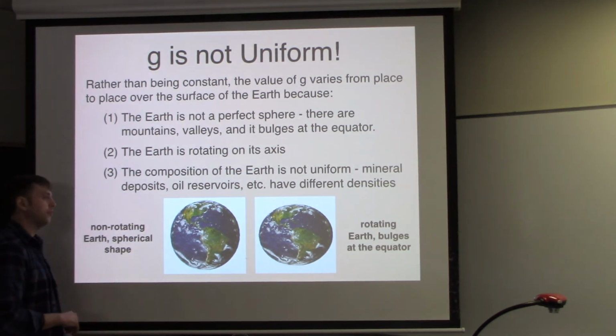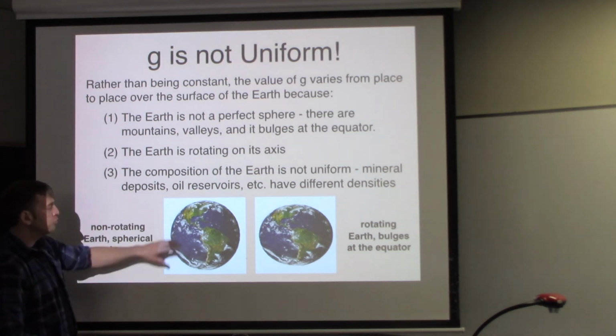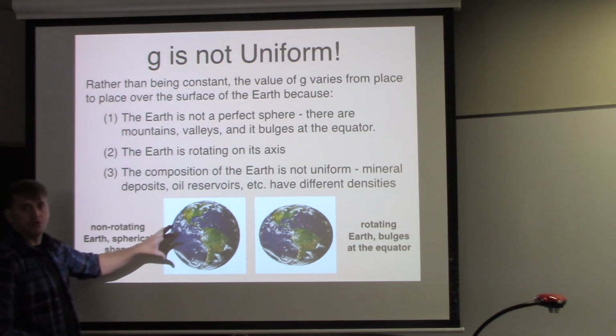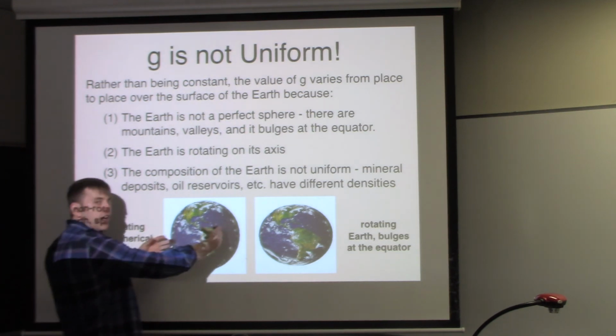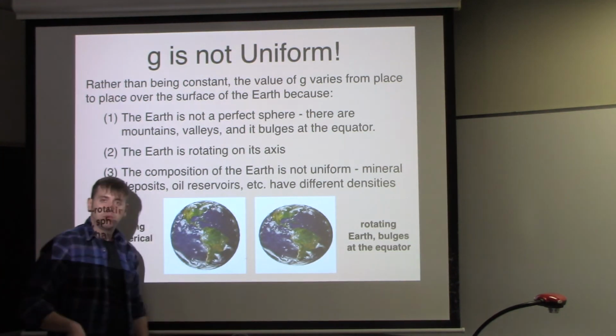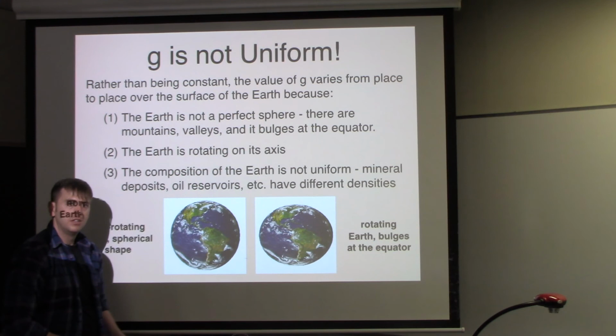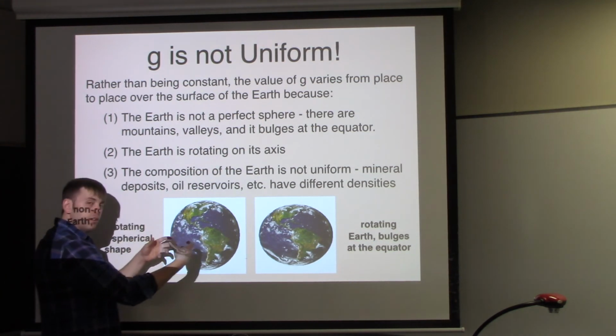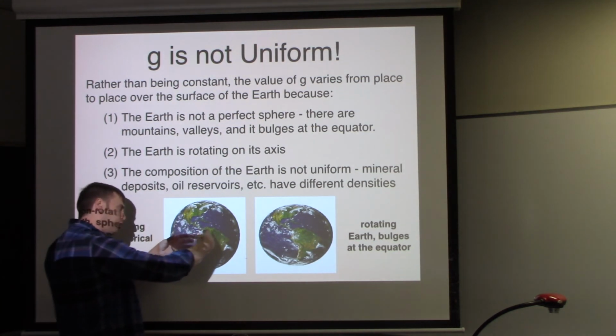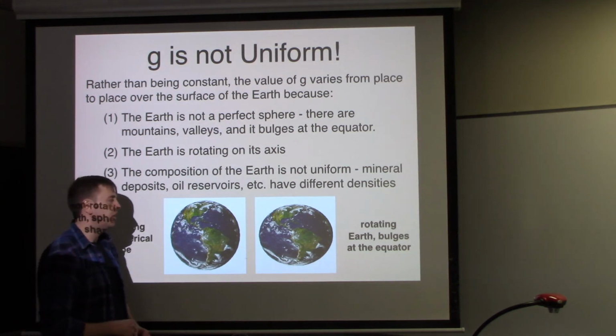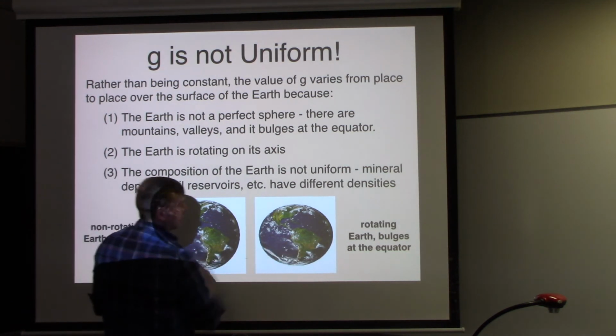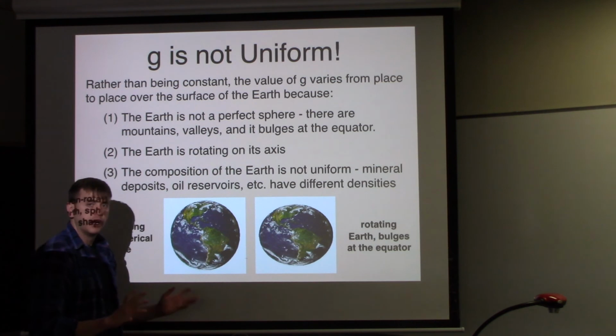Let me actually show you what this means. So this is what the Earth would look like if it were not rotating. It wouldn't be any fatter at the equator than it is at the poles. Looks pretty much spherical. But since the Earth is rotating, like any rotating object, it bulges out at the equator. And in fact, you get this. So it's not a perfect sphere by any stretch.